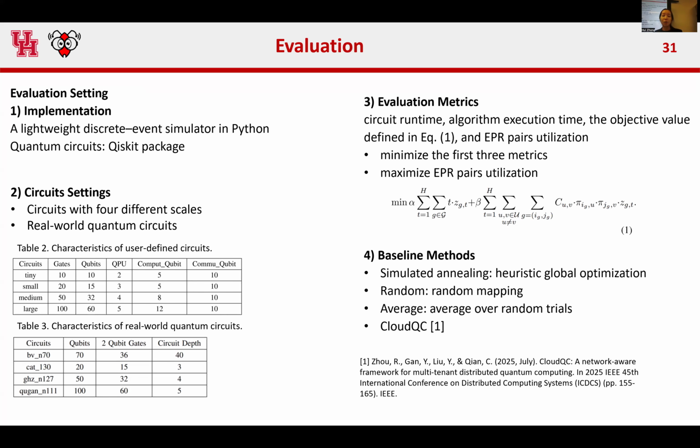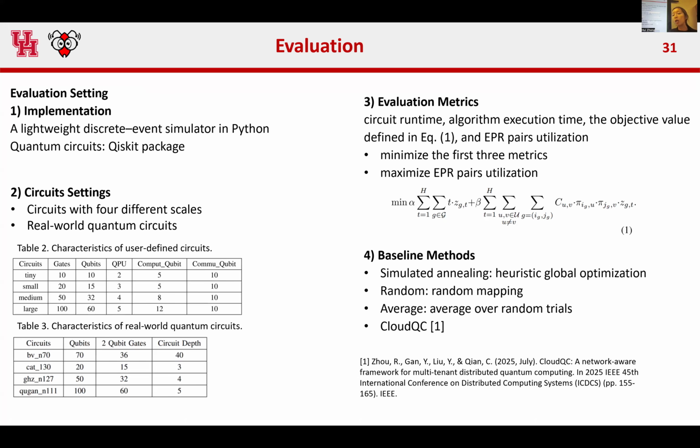One is circuit runtime, one is algorithm execution time, one is the objective value defined in Equation 1, as we mentioned, and the EPR pairs utilization. We will minimize the first 3 metrics and maximize the EPR pairs utilization, and then we can get better performance.